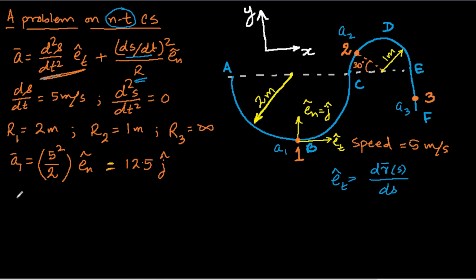Done. So then let's find out A2. How to find out A2? Again, this term goes to 0 because d square s by dt square is 0, and this term comes out to be 5 squared over r, which here is 1, so over 1.